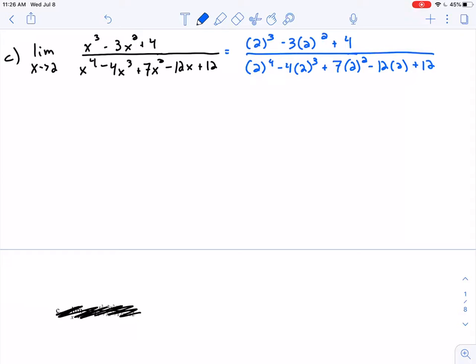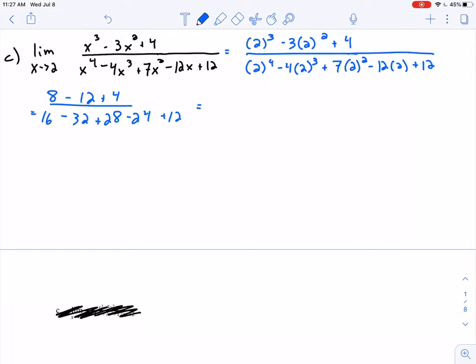In my numerator, 2 to the third, I've got 8 minus 2 squared, which is 4, times 3 is 12, plus 4, divided by, in my denominator, 2 to the fourth, I should have 16 minus 2 to the third, which is 8, times 4 is 32, plus 7 times 2 squared, that's 7 times 4, which is 28, minus 24 plus 12.